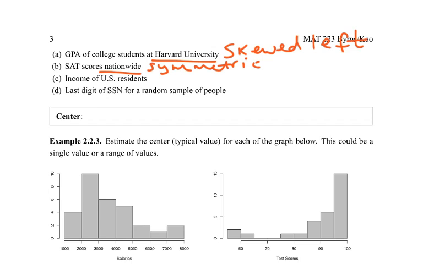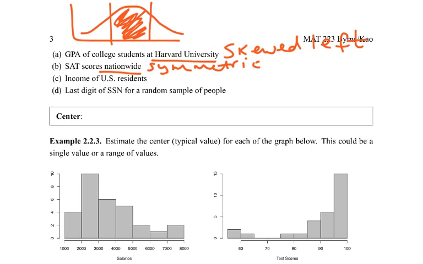You may have some students who score really well, some who score really poorly, but most students are going to fall somewhere in the middle. And so standardized tests are generally symmetric.